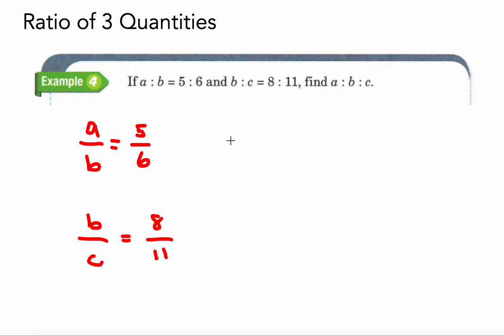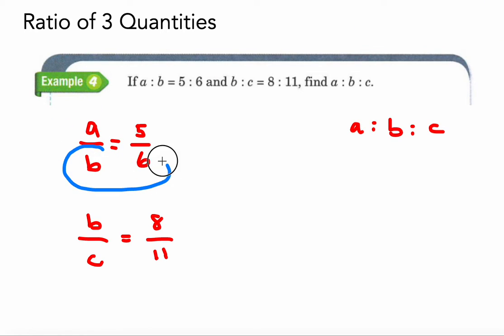Okay, so now they want us to find A to B to C. All right. Let's see. A to B is 5 to 6. B to C is 8 to 11. So what they have in common is that B, right?